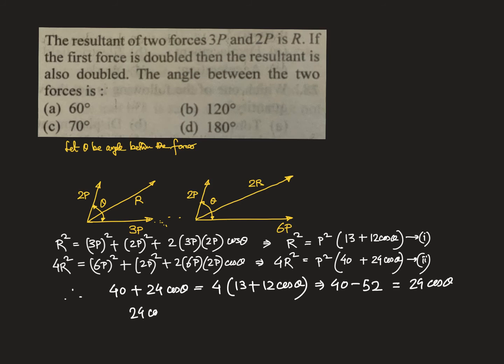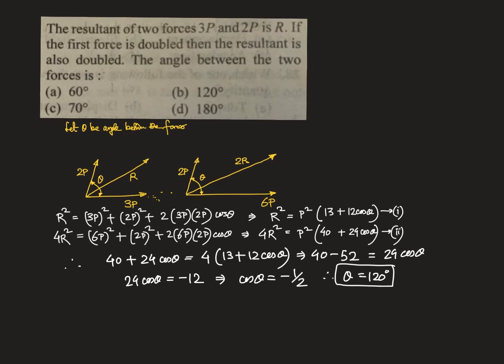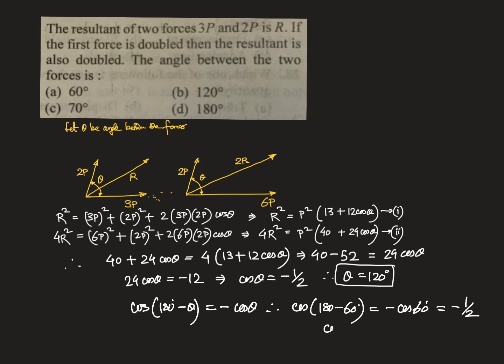Therefore 24 cos theta is equal to minus 12, which implies cos theta is equal to minus half. Now cos theta equal to minus half means what is the value of theta? You know, theta is equal to 120 degrees, because cos of (180 degrees minus theta) is equal to minus cos theta. Therefore cos (180 minus 60) is equal to minus cos 60, that is minus half. So obviously cos 120 is equal to minus half.